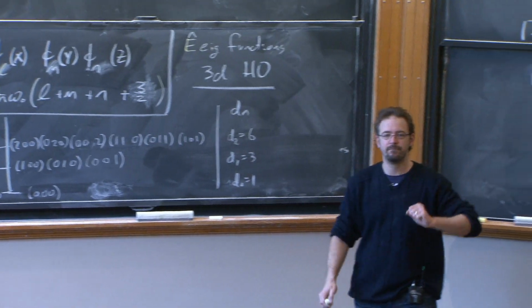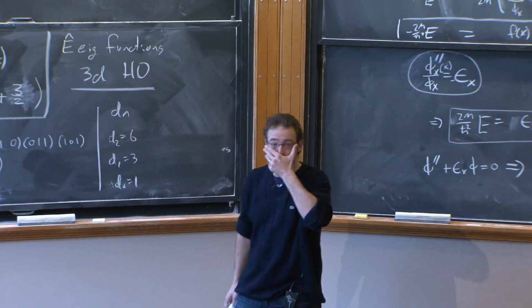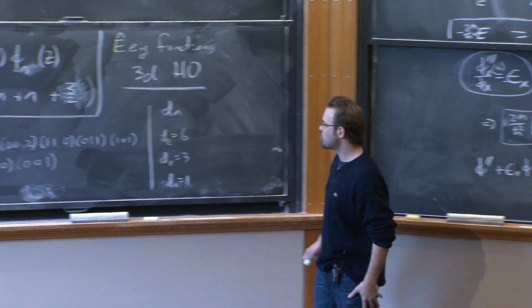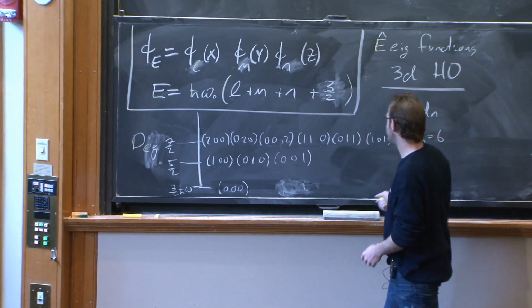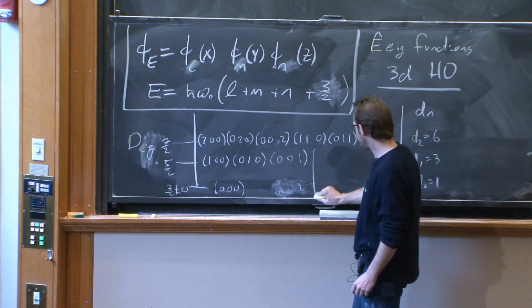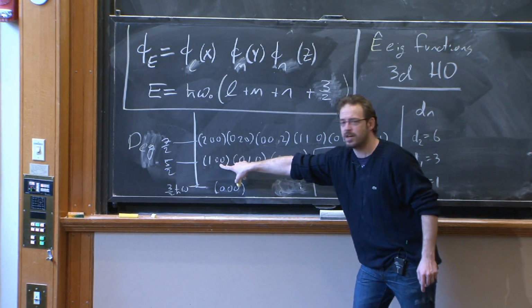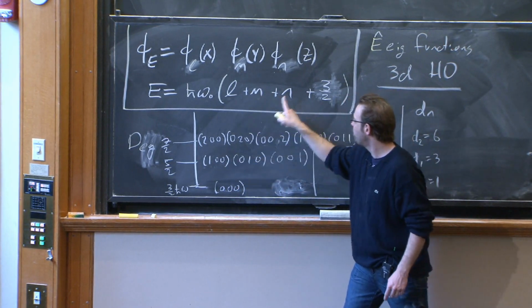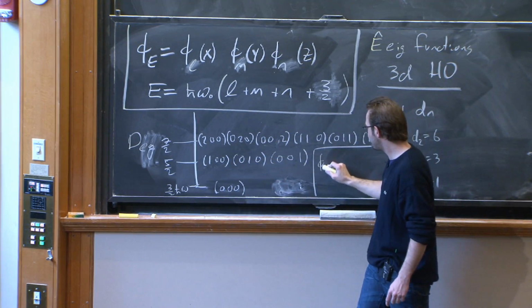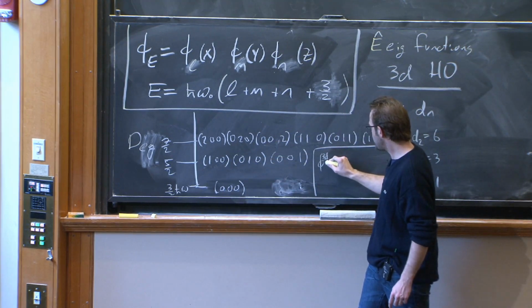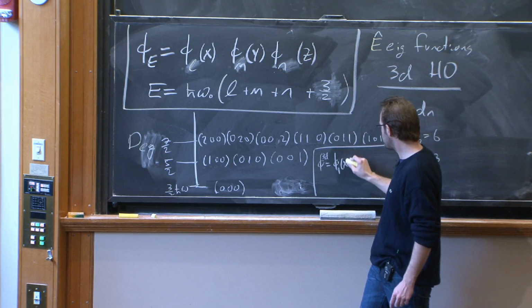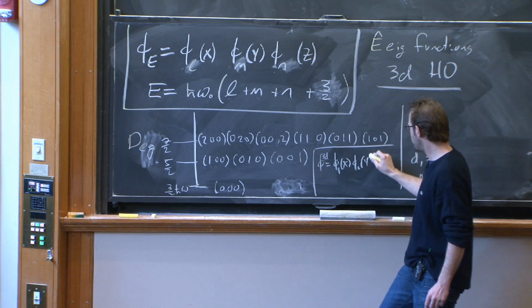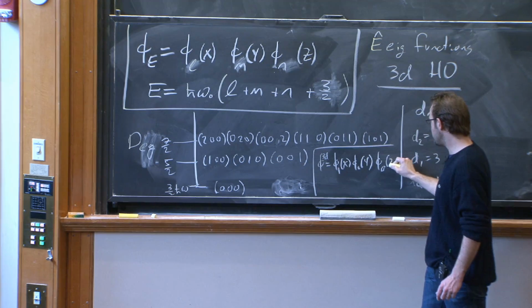Question? Yeah? Could you say what you said again about Gaussian in certain directions? Yeah, sure. Let me just explain what this notation means again. By 1, 0, 0, what I mean is that the number L is equal to 1, the number M is equal to 0, and N is equal to 0. That means that the wave function phi 3D is equal to phi 1 of x, phi 0 of y, phi 0 of z.